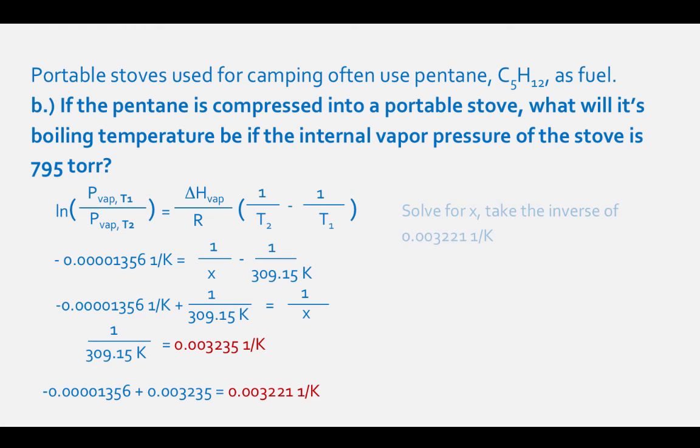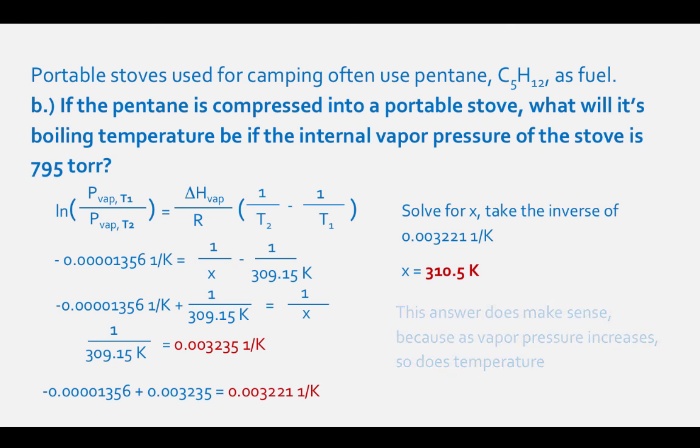Then to solve for x, just take the inverse of this number, which equals 310.5 Kelvin. Does this answer make sense? Yes, it does, because as we raise the vapor pressure, we also raise the temperature.